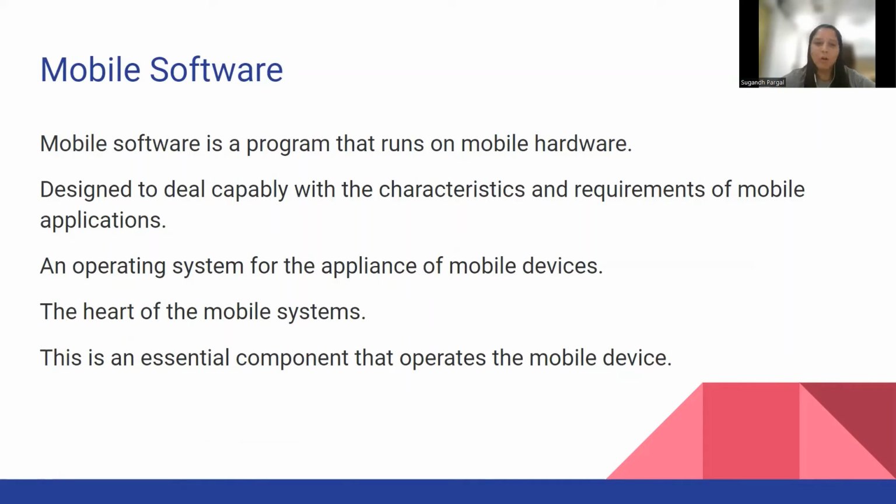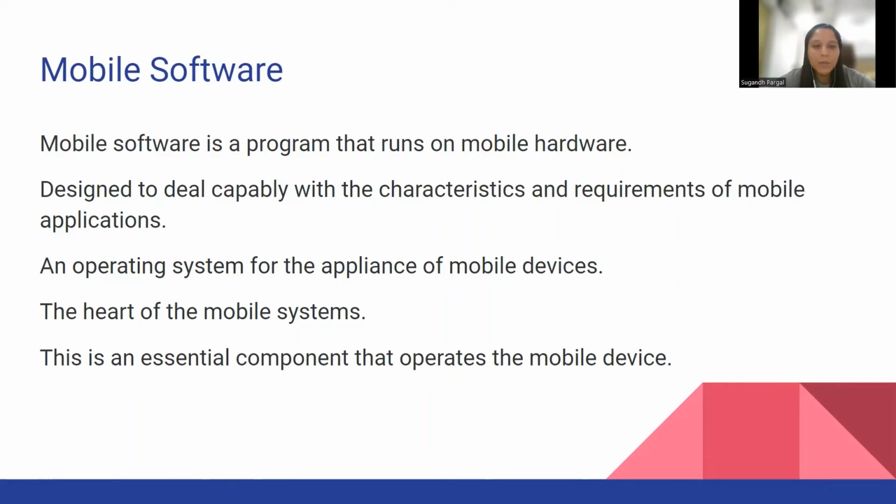Then we have the mobile software, which is a program that runs on the mobile hardware, which makes the communication possible and the data readability. They are designed to deal capably with the characteristics and the requirements of the mobile applications. For example, if a mobile phone is capable of capturing a higher quality of picture and capturing a few sensor data, the software will be designed in such a manner that it is able to access all the sensors and the camera.